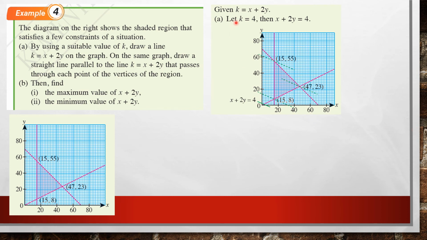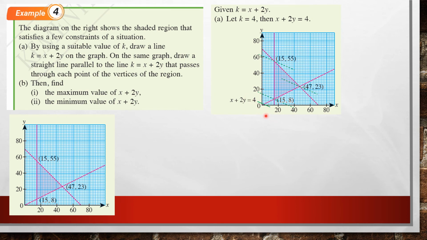So here they took k equal to 4. So when k equal to 4, you will get x plus 2y equal to 4. So you will get a line here.